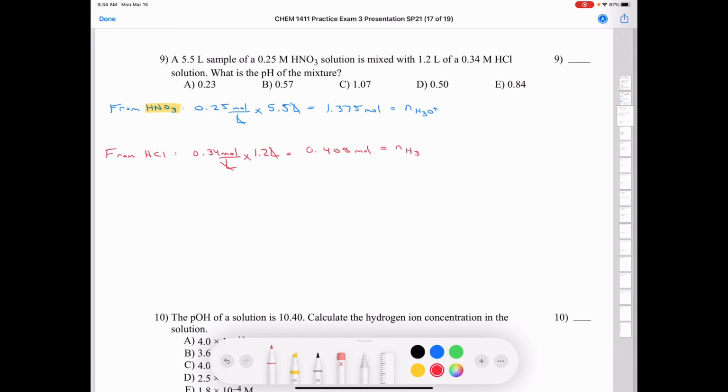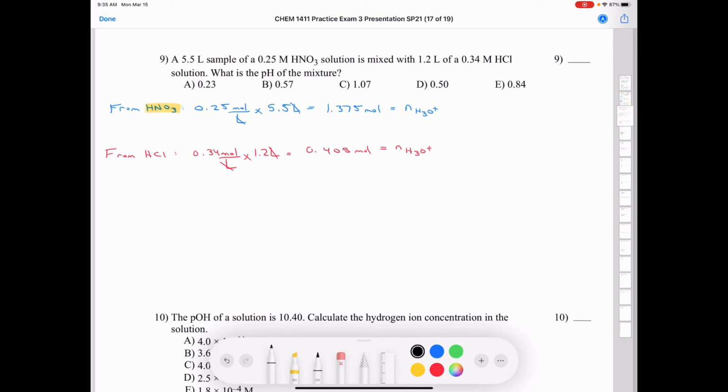And that gives me the number of moles of hydronium ions from my hydrochloric acid. Why? Because I know when I take hydrochloric acid, which is a strong acid, and I put it in water, it dissociates 100% to give me hydronium ions plus chloride ions, right? So that means that we have a 1-to-1 relationship here.